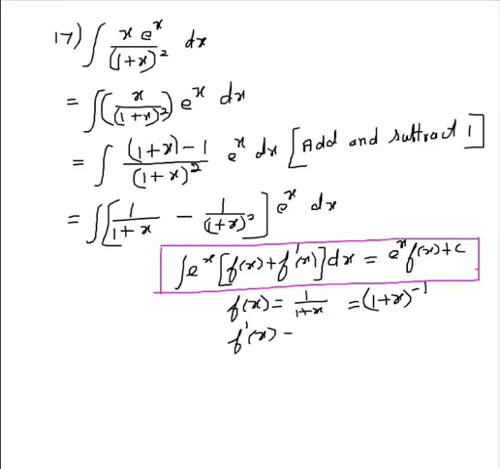Therefore, f dashed of x will be minus 1 plus x raised to minus 2, which is minus 1 divided by 1 plus x the whole square. Therefore, the first term is f, the second term is f dashed. I can apply the formula here. Therefore, the answer becomes e power x times f of x. f of x is 1 divided by 1 plus x, plus c. This is the answer.